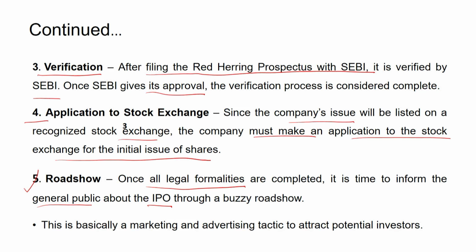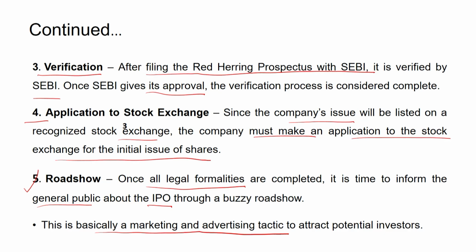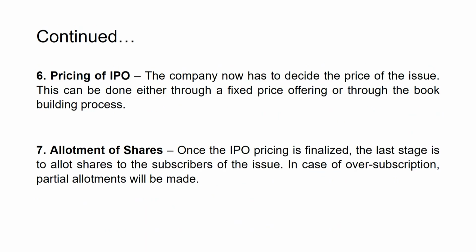They can take the help of various online platforms, as well as offline media, for the purpose of creating awareness about the IPO. Basically, it is a marketing and advertising tactic with the help of which they can attract potential investors for their company.